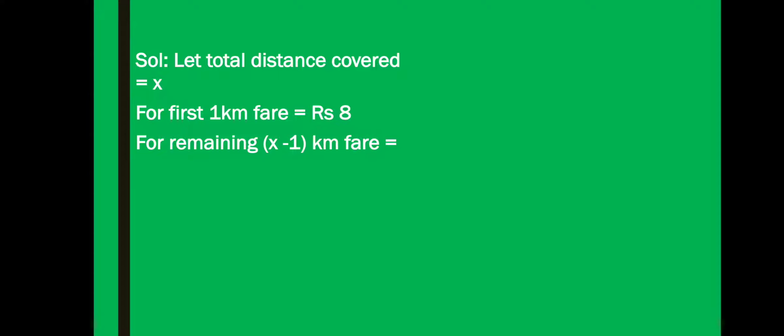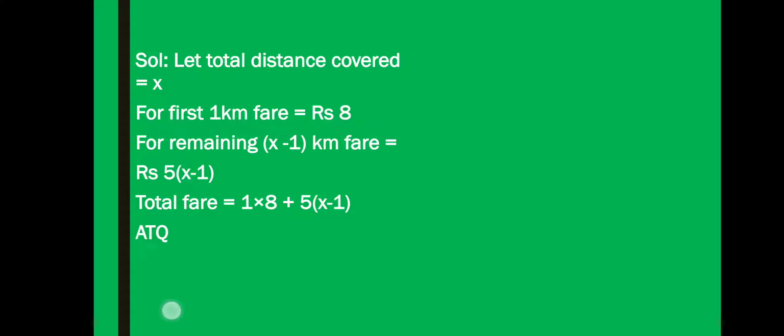Okay, you have to give 8 rupees. For remaining distance, that is x minus 1 kilometer, fare is equal to 5 multiply x minus 1. Okay, next total fare becomes 1 multiply 8 plus 5 multiply x minus 1. So that is the total fare.